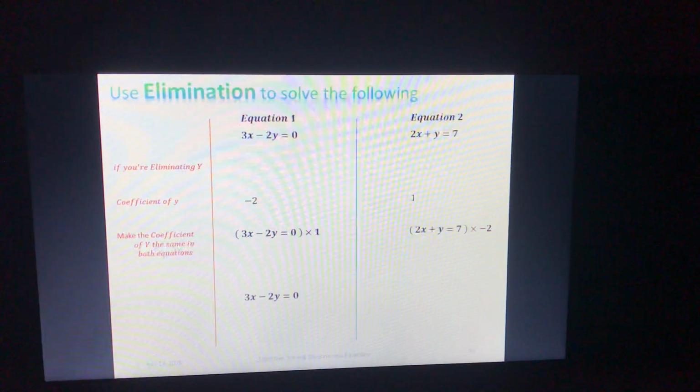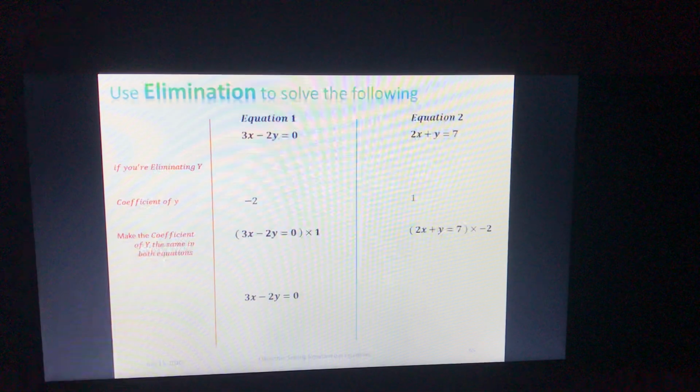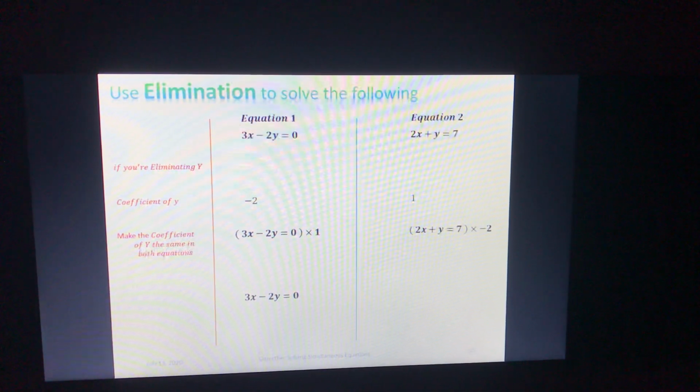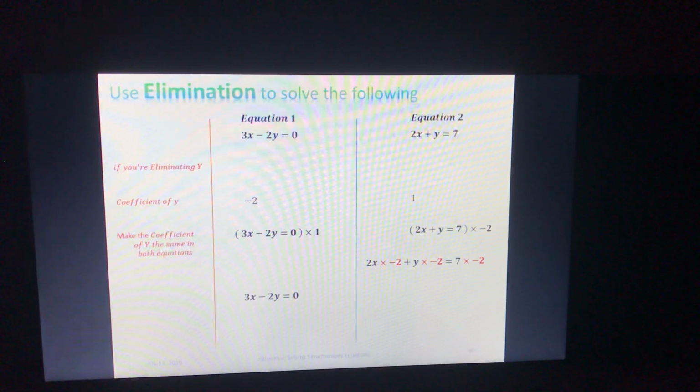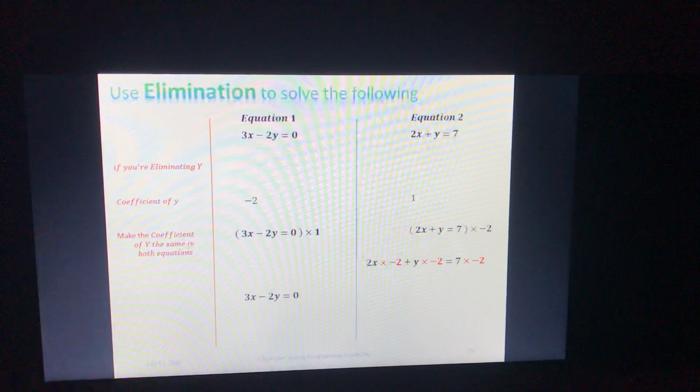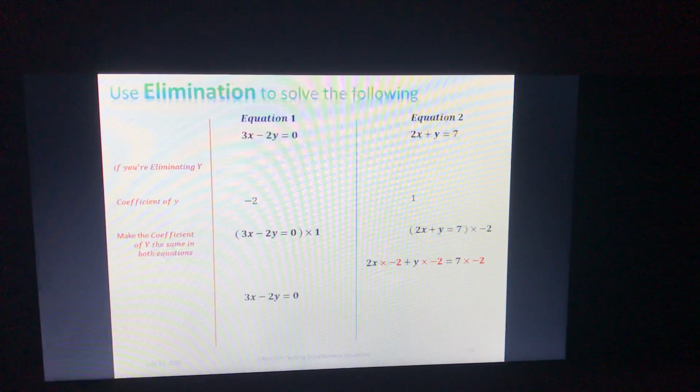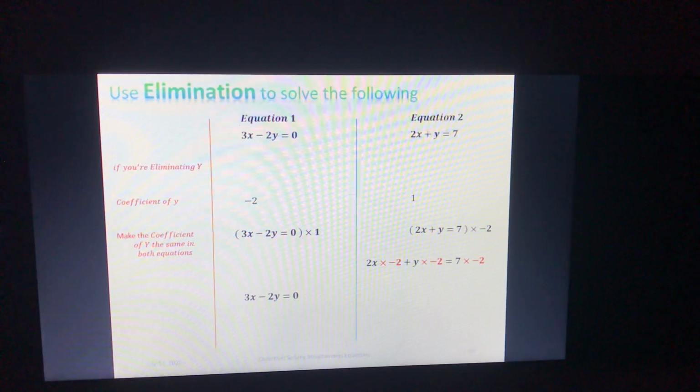We're going to end up with the first equation as is, and when we multiply the second equation by negative 2, negative 2 times 2x is negative 4x, negative 2 times y is negative 2y, and negative 2 times 7 is negative 14, as you can see here. We multiply negative 2 by each term in the equation.